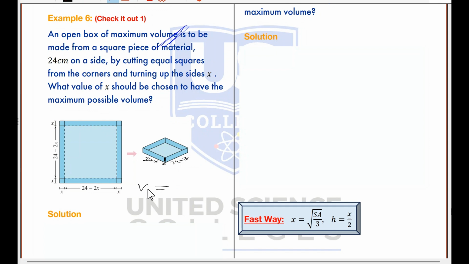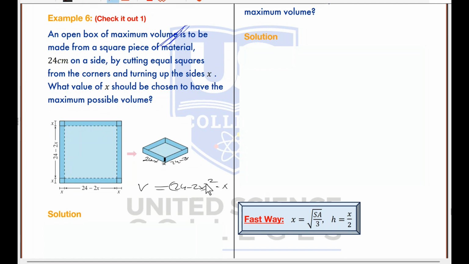So we have 24 minus 2x times 24 minus 2x, which is 24 minus 2x squared, multiplied by x. That's the volume. In this question, unlike the others, we have only one variable, so no need to write one variable in terms of the other. I think this is an easier type.